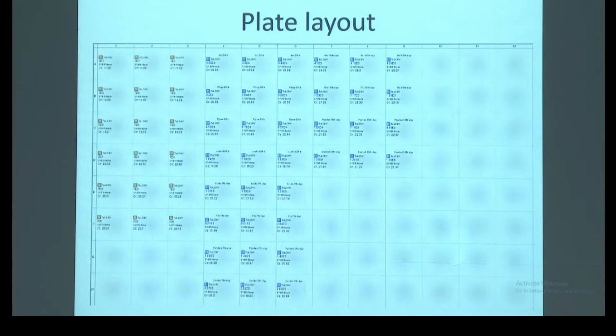This is the plate layout of the real time 96 well plate. So I will load my standard in each replication. You can see, it is 10 की power 7, 10 की power 6, 5, 4, 3, 2. You load the standard curve and load the unknown samples.